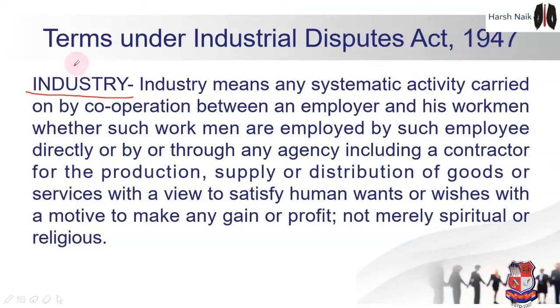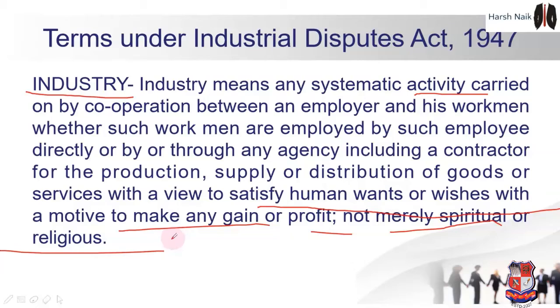Or if you want to give it in more technical terms, then it means any systematic activity carried out by cooperation between employer and his workmen, whether such workmen are employed by such employer directly or by or through any agency, including a contractor, for the production, supply or distribution of goods or services with a view to satisfy human wants or wishes with a motive to make any gain or profit, not merely spiritual or religious.